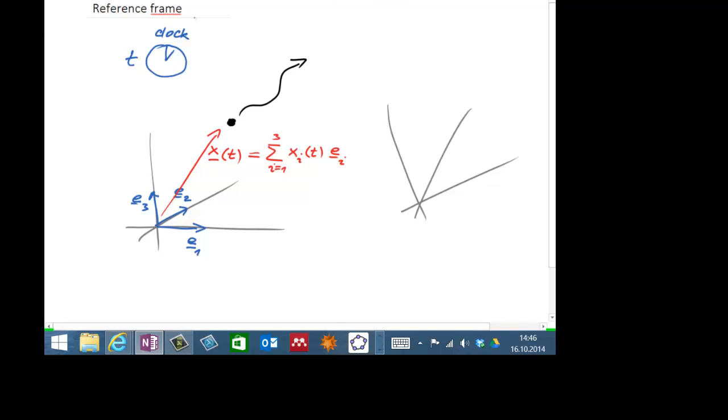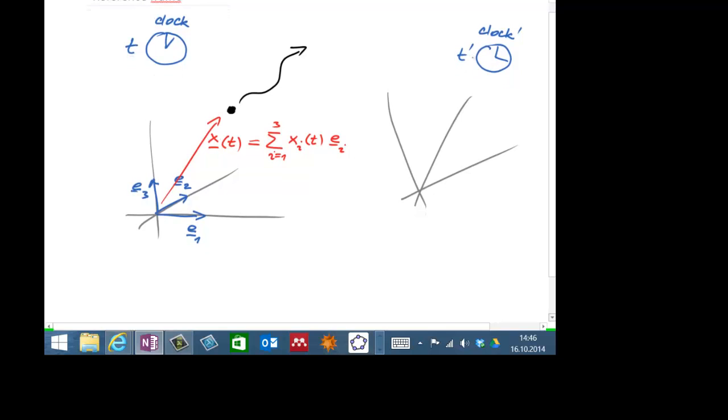I prefer a different clock. So that's a clock prime that shows a time t prime. And your colleague's coordinate system now has basis vectors e1 prime, e2 prime, and e3 prime.